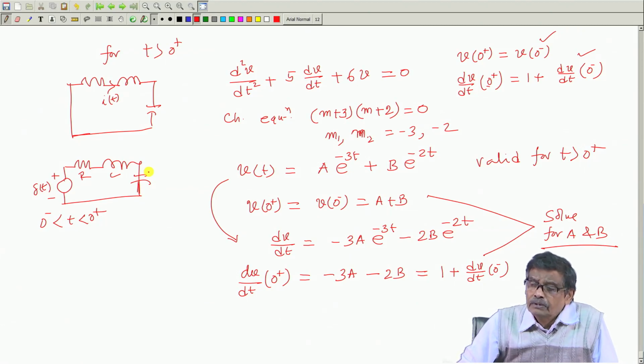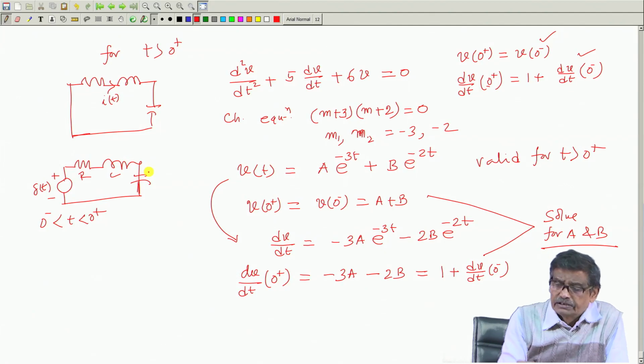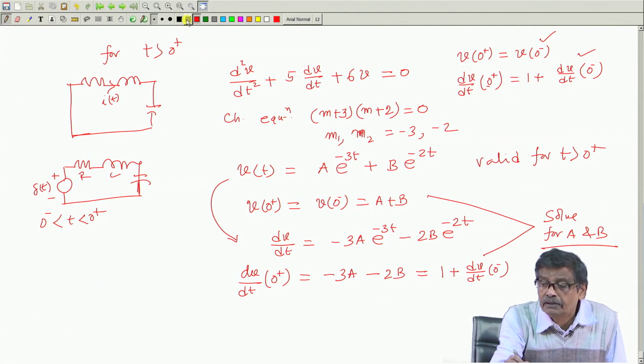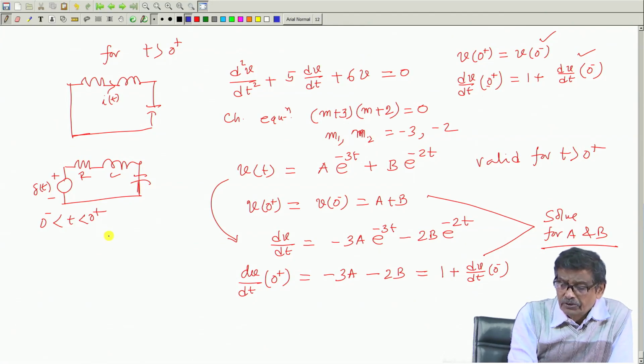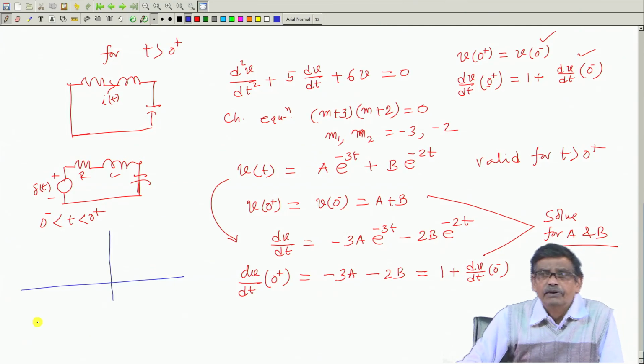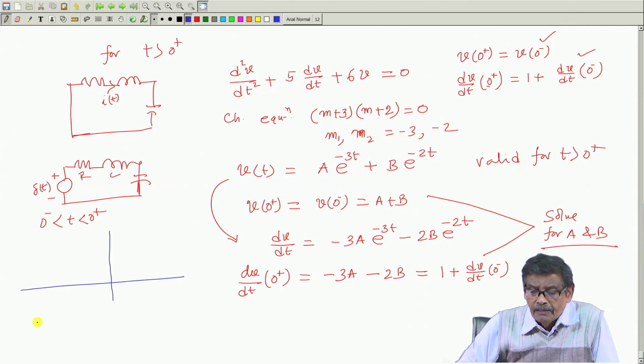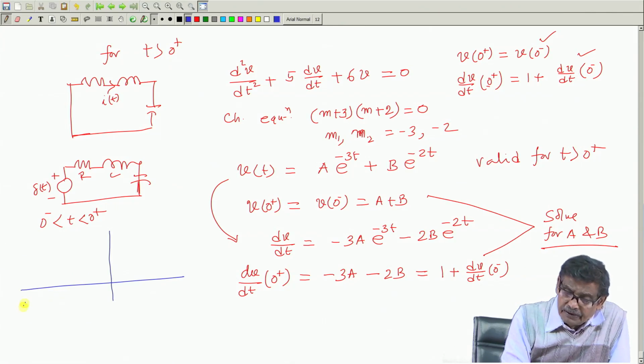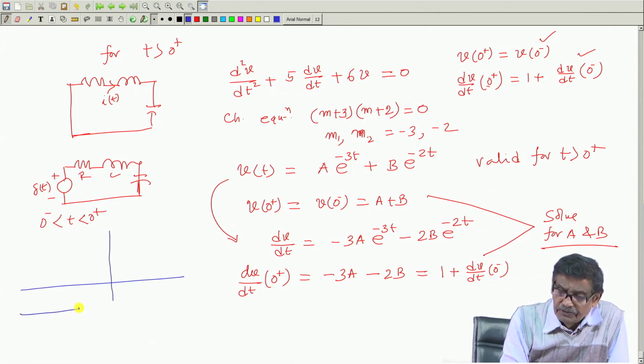Because you know, in any situation, that is what I told you, for example. So, the conclusion will be that if you have any waveform, for example, a voltage waveform like this.